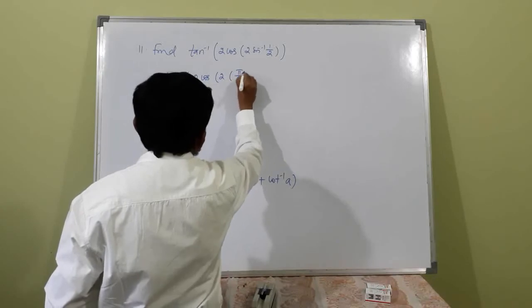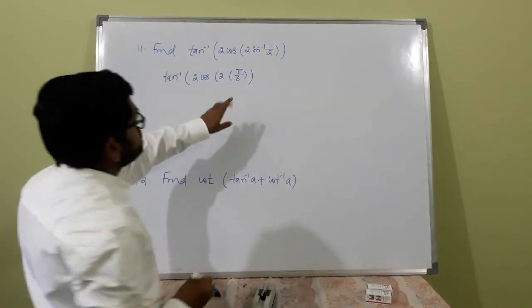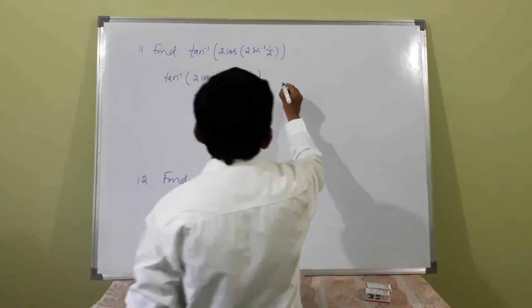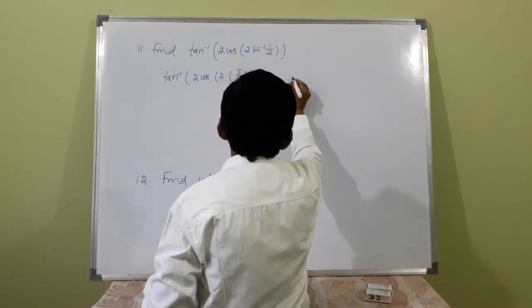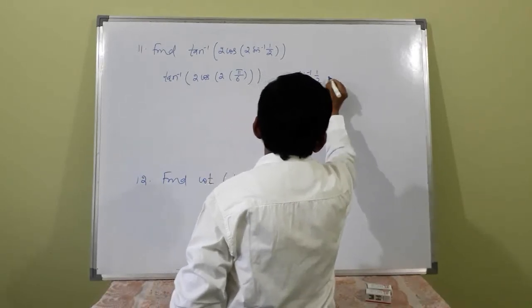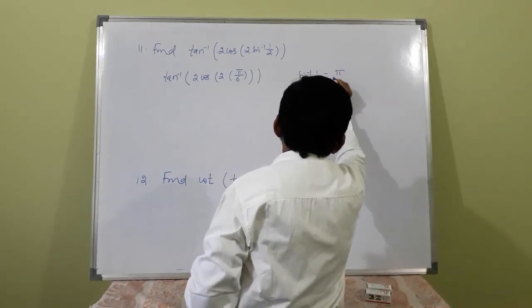I won't solve that again because you have solved it so many times. Sin inverse of half is 5 by 6.